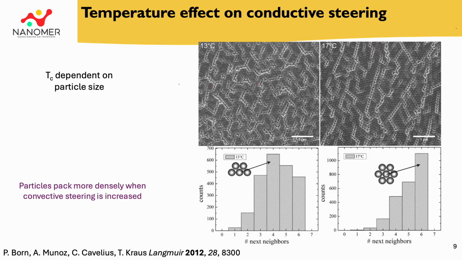At the deposition at 13 degrees, most particles had an average number of 4 nearest neighbors. When the temperature was increased to 17 degrees, however, the particles had an average of 6 nearest neighbors, meaning that this was a much more crystalline system. This was achieved by increasing the evaporation rate during deposition.